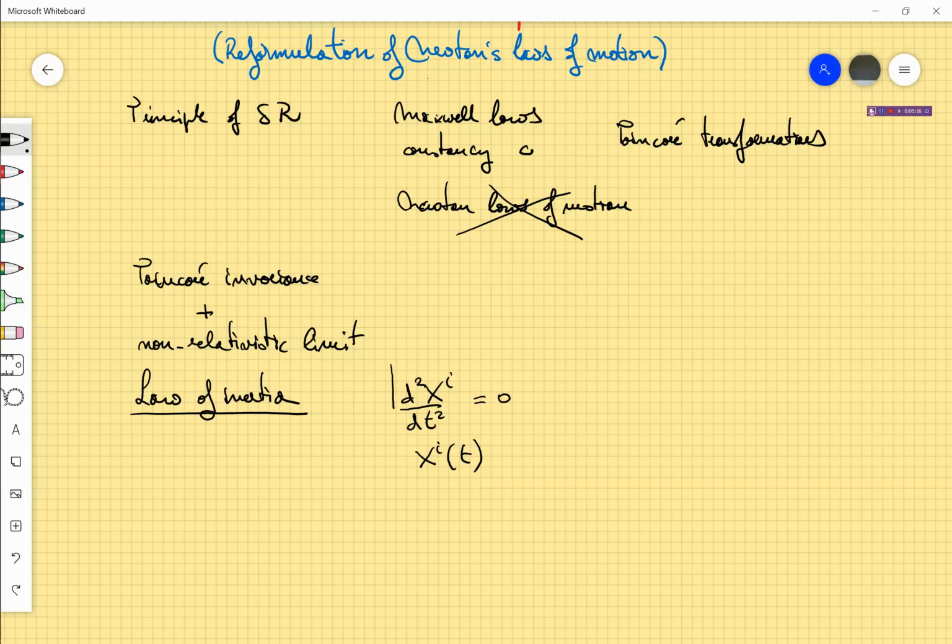This equation, which is assumed to be true when there are no external forces acting on the particle, is invariant under Galilean transformations.